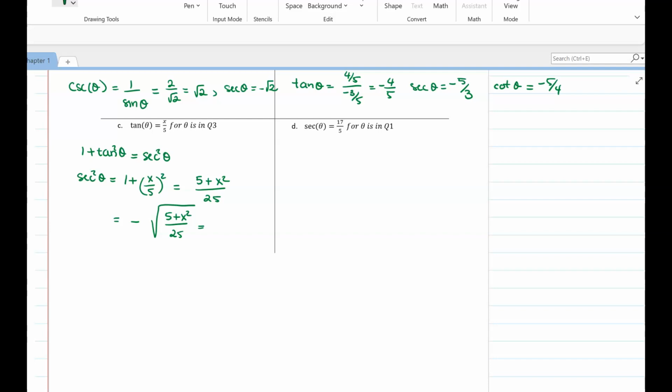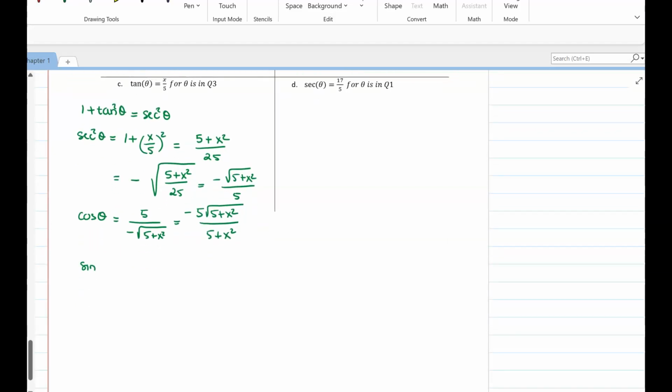This means that tangent and cotangent are positive, everything else is negative. So we get negative root 5 plus x squared over 5. Then this means cosine of theta equals 5 divided by negative root 5 plus x squared. Rationalize the denominator. We get negative 5 times root 5 plus x squared divided by 5 plus x squared.